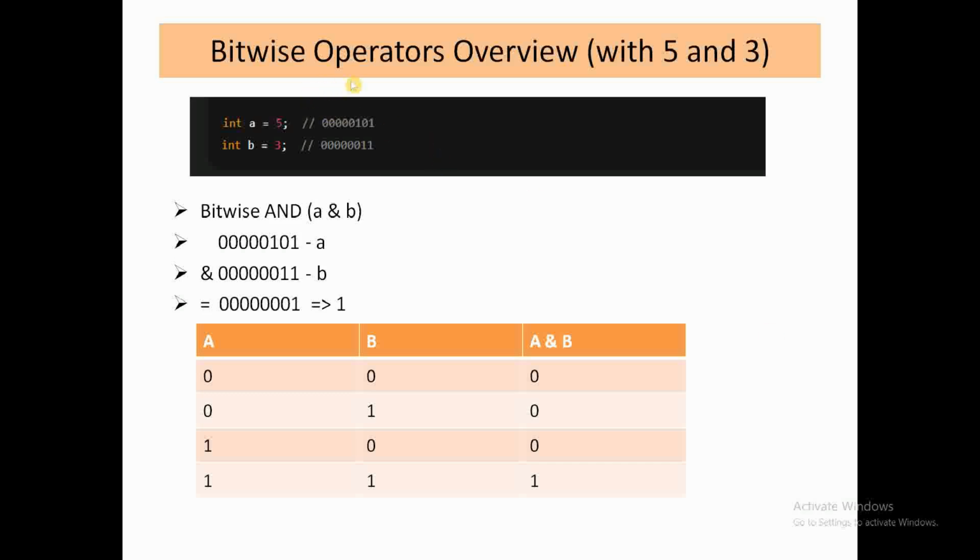First one is a bitwise operator, that is the AND operator. Here is the example: int A is equal to 5, int B is equal to 3. Here are the binary bits, which start from right to left. Suppose 1, 2, 4, 8, 16, 32, 64, 128. These are the binary place values. We convert these values, and whichever values we use, we subtract from 5.